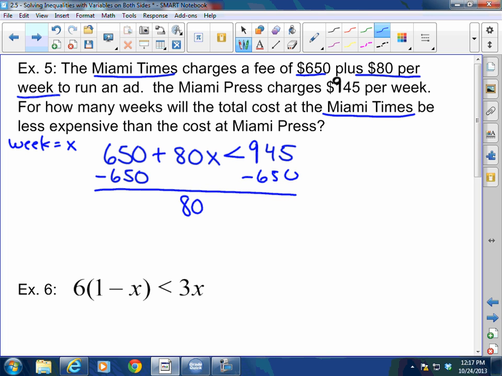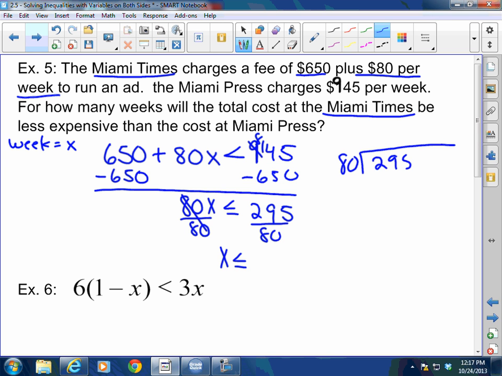So I got 80x is less than or equal to, I borrow, that's 9, so that's 295. So I divide by 80, and x must be less than or equal to 295 divided by 80. We've got 3, that's 240.